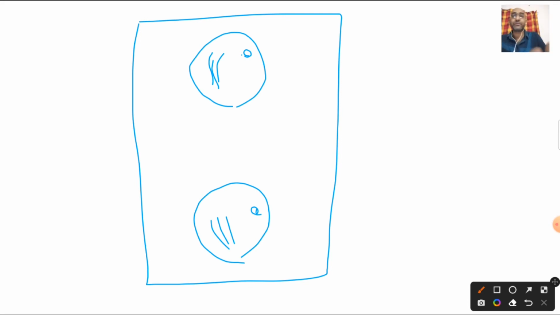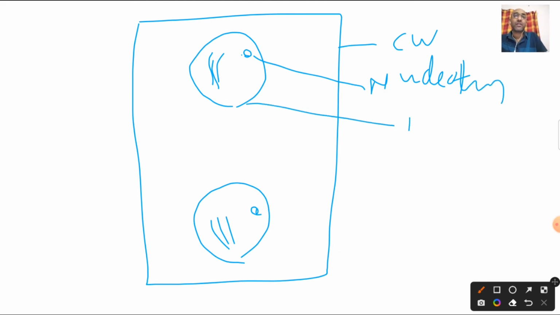This one is the cell wall, this one is the nucleolus, and this one is the nuclear membrane.